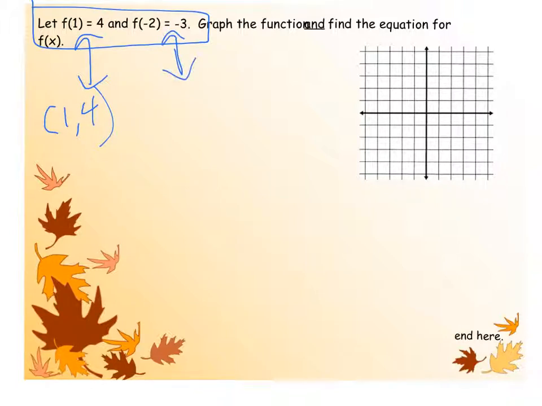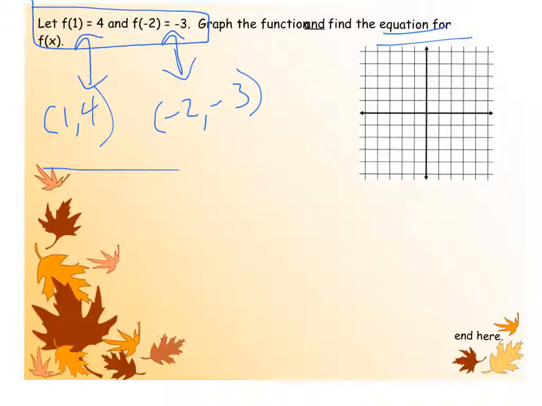Likewise, f of negative 2 equals negative 3 is stating that negative 2, negative 3 is also a point, okay, that this line that I want to find the equation for goes through. Okay, so if I wanted to graph it, I'd plot those two points and connect them with a line.